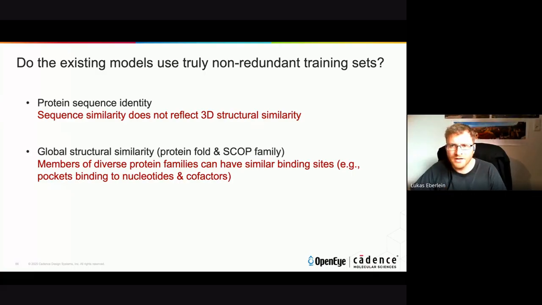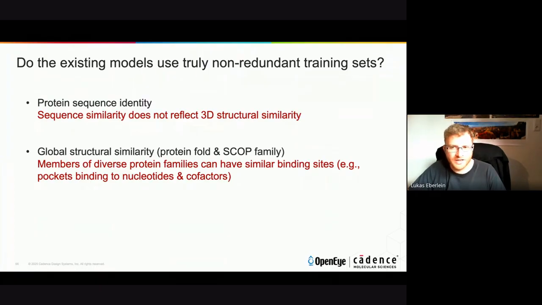Point one, we don't think protein sequence identity itself is sufficient because it doesn't reflect the protein's 3D structural similarity. What do I mean by this? The same sequence can adopt two structurally completely different conformations. A classic example here is calmodulin, which has a totally different structure if it has a calcium bound and when it doesn't.